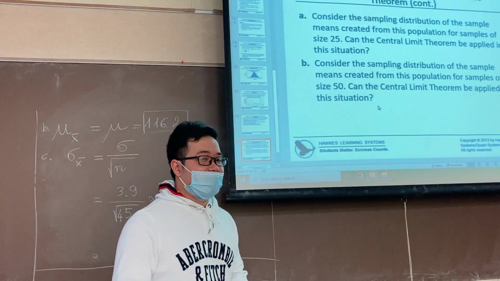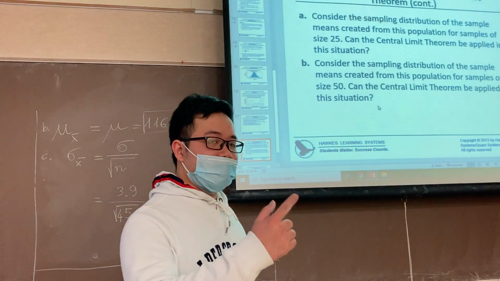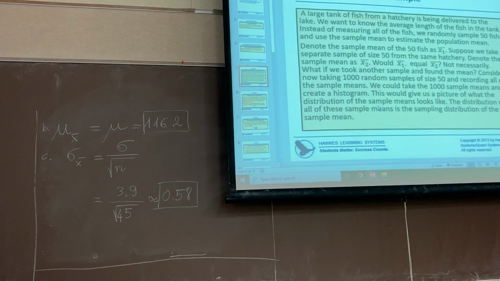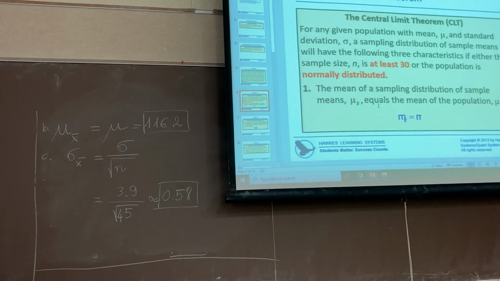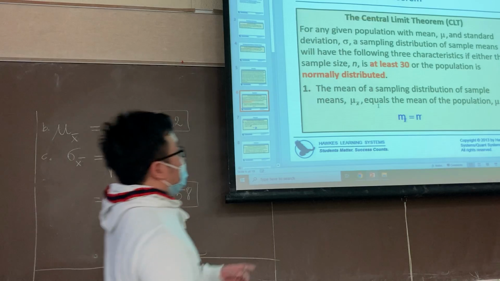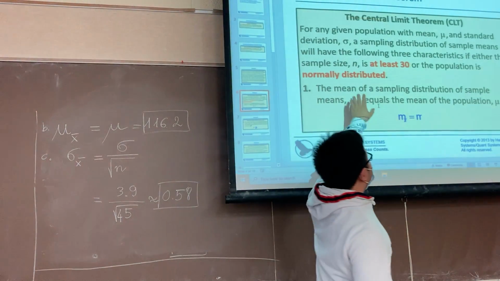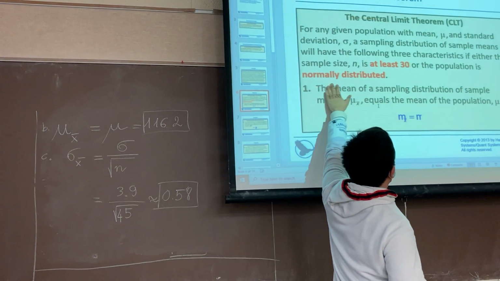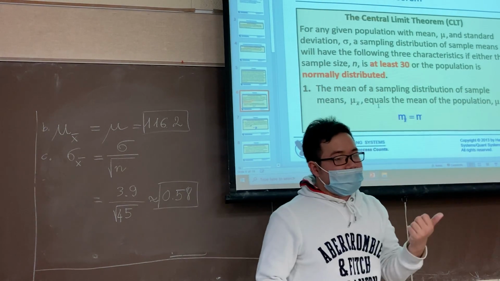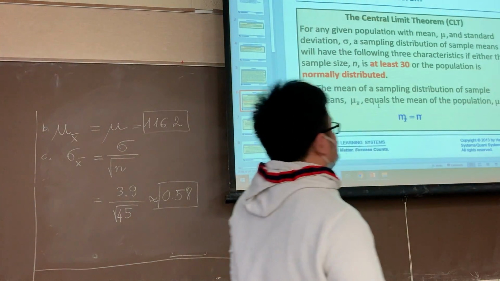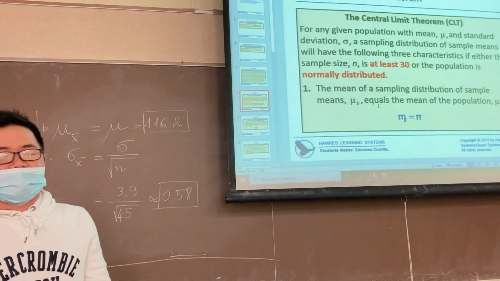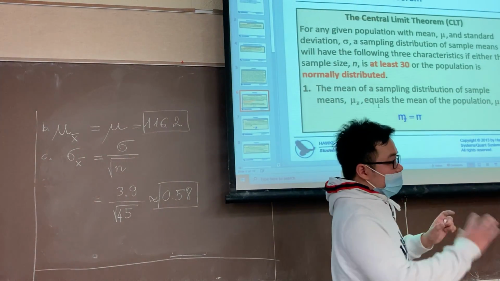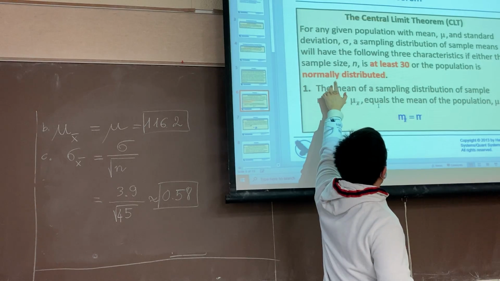When we can apply the central limit theorem, it needs to satisfy just one of two conditions, not both. The first is that the sample size is at least 30. The second is that the population is normally distributed. So yes, because the sample size here is 50, it satisfies the first condition. If it did not satisfy the first condition, it must satisfy the second condition.